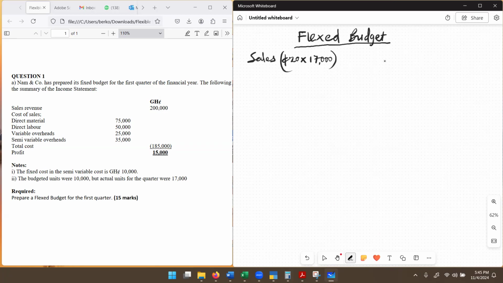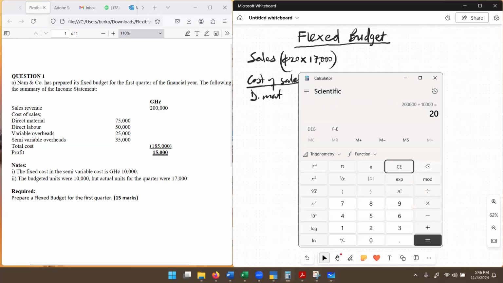You see that? Then we now come to cost of sales. So in cost of sales, we have direct material. That is a variable cost.